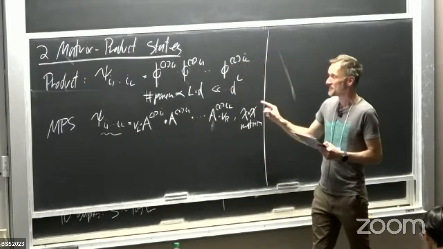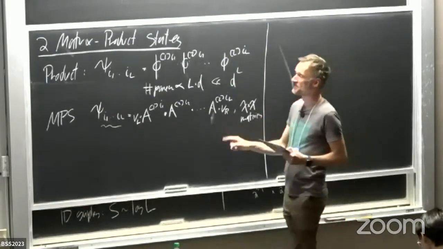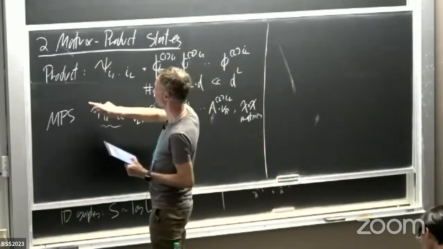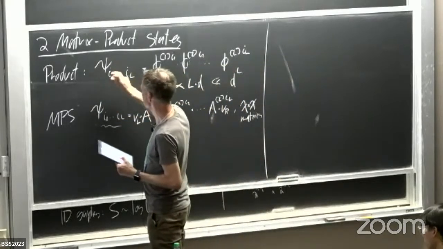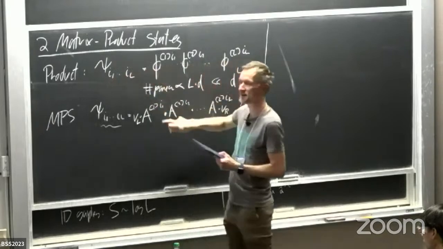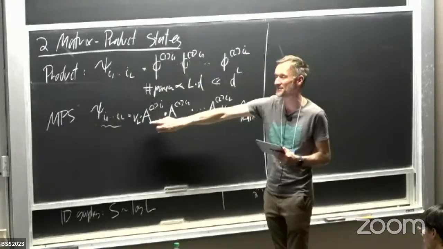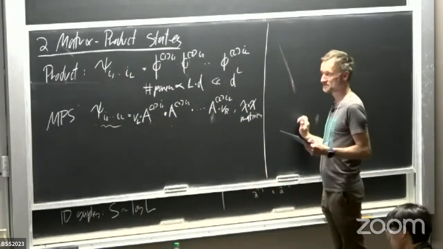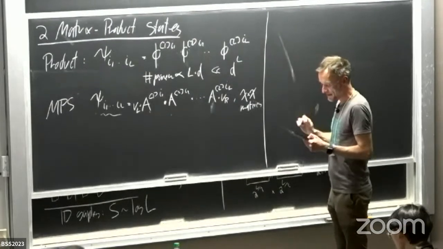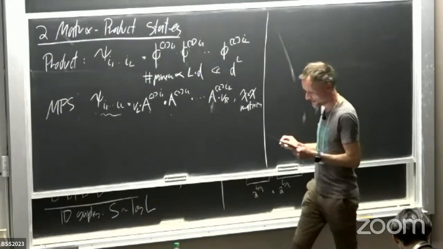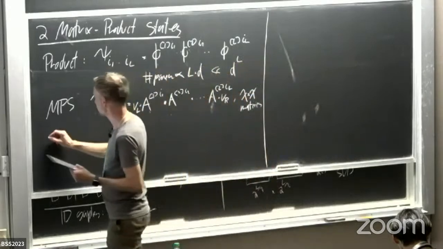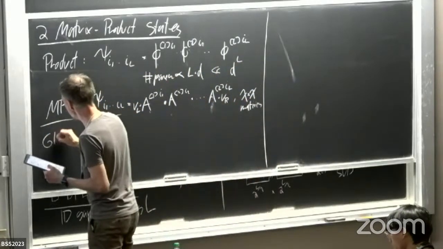And now, clearly, the space of states that I can represent is much larger than this one. Every product state is, of course, included in this one, where I just have one by one matrices here. So now let me give you an example. An example is the GHZ state.